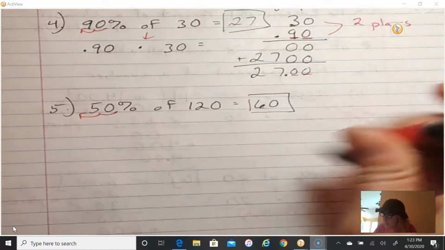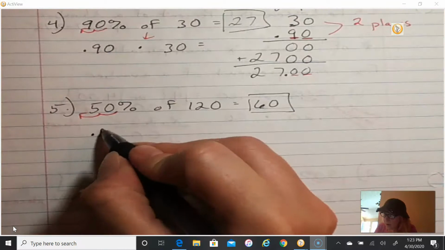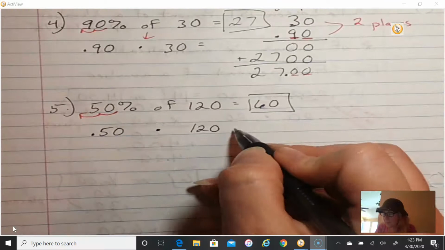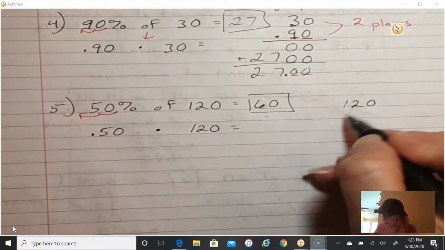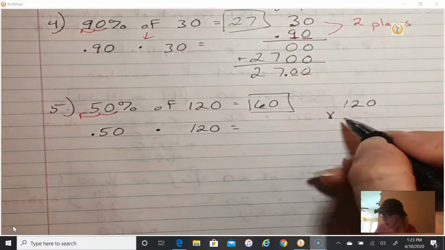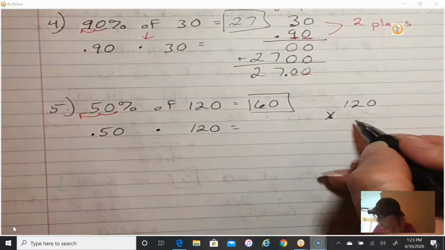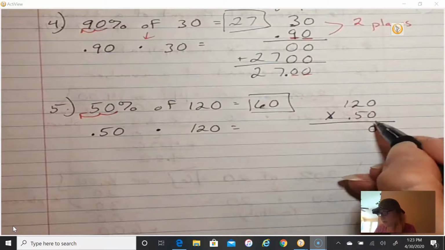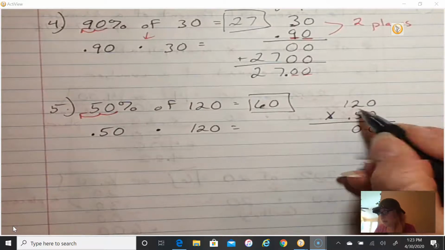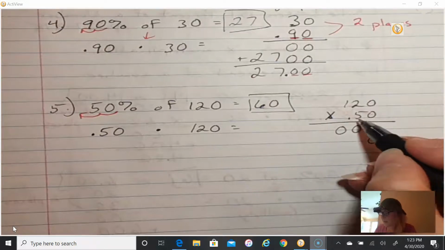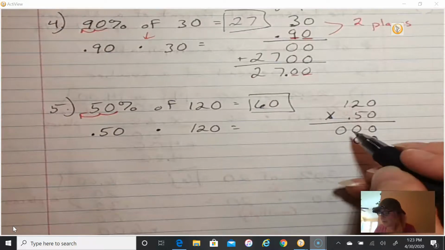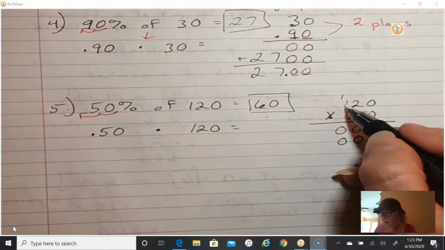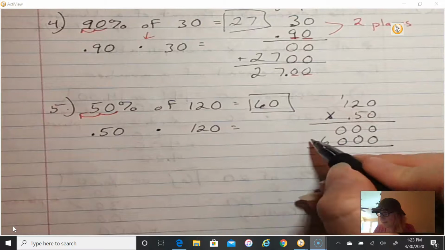If you're like, what? I don't get that. Change this to a decimal. You have 0.50. Of means times 120. So, 120 times 0.50. 0 and 0 is 0, 0, 2 is 0, 0, 1, 0. Placeholder. 5 and 0 is 0. 5 and 2 is 10. 5 times 1, 5 plus 1 is 6.